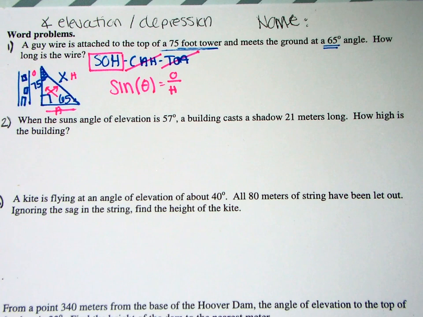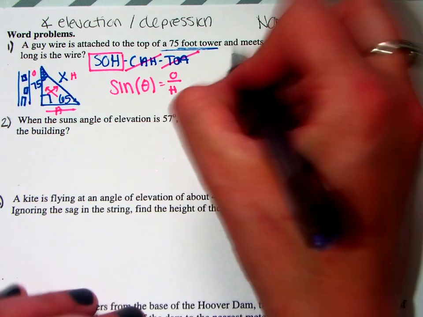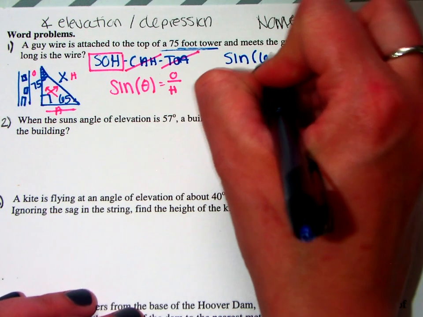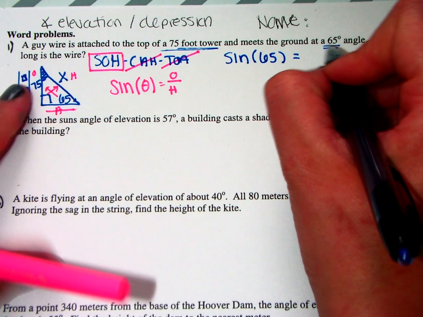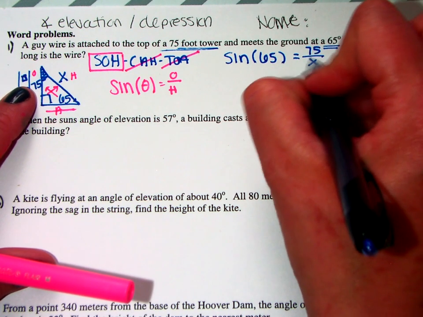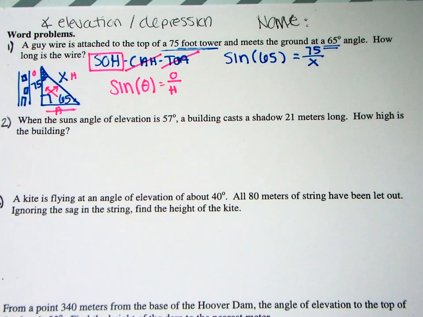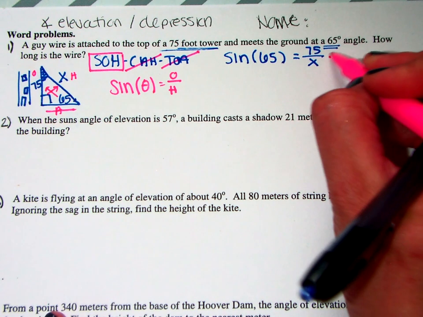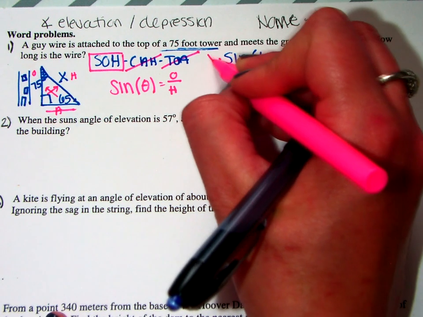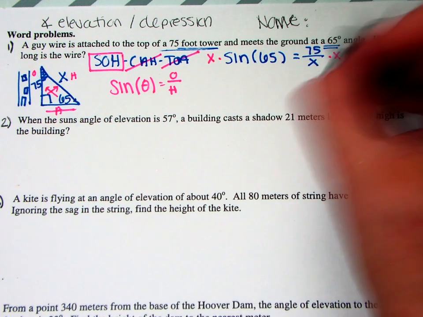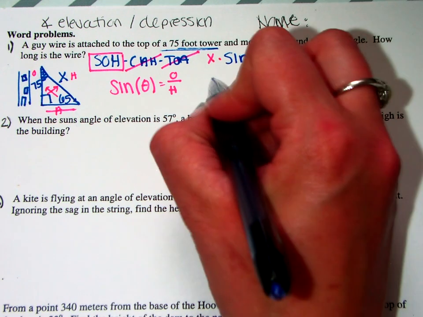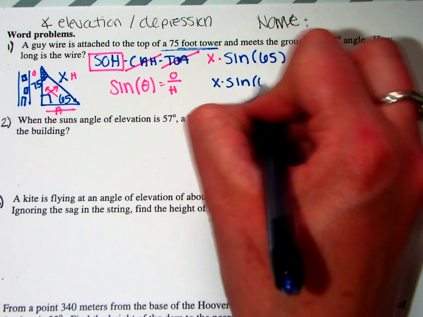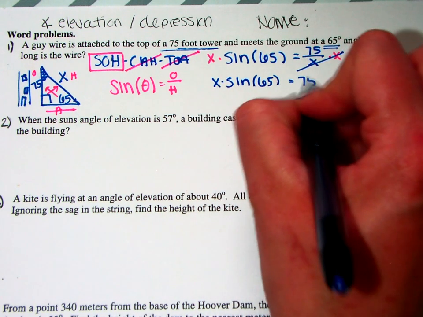So then I'm going to set it up and solve. Sine of 65 equals opposite 75 over hypotenuse X. To clear this fraction, I always have to multiply by the denominator, so I'm going to multiply both sides by X. And I get X times sine of 65 equals 75.